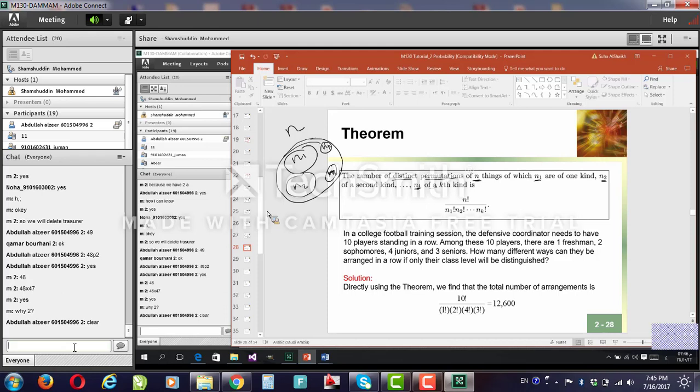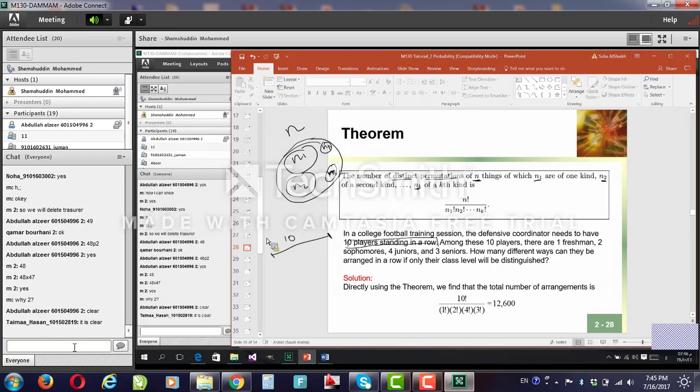Let's see this example we have in the college. We have 10 players standing in a row. Among the 10 players, 1 freshman, then 2 sophomore students, then 4 juniors, then 3 seniors.